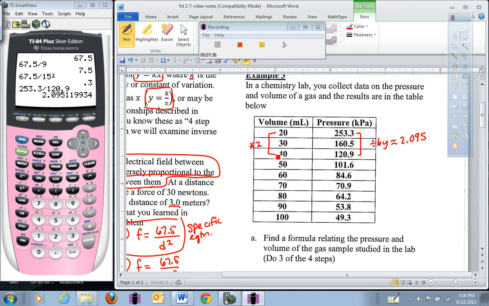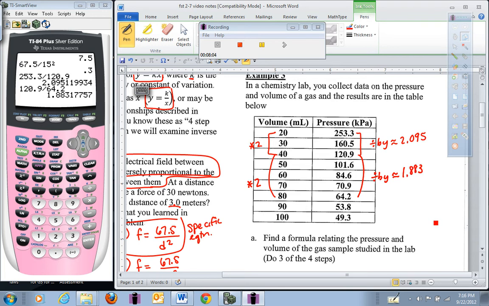We could say, okay, how about 40 to 80? To get from 40 to 80, you would multiply by 2, and to get from 120.9 to 64.2, you would divide by about 1.883.